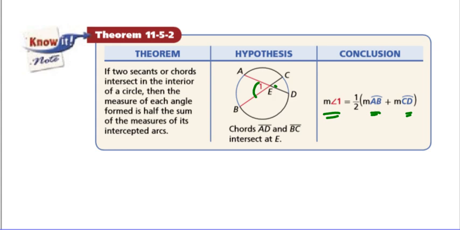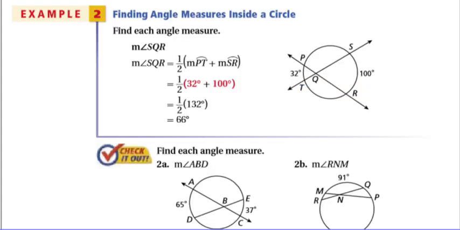Exercises about this theorem: finding angle measures inside a circle. Find each angle measure. Measure of angle SQR. The measure of angle SQR equals half the sum of 32 plus 100.